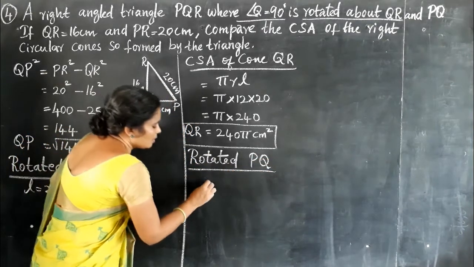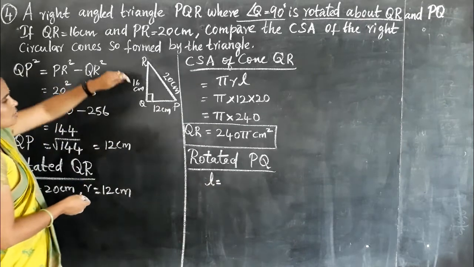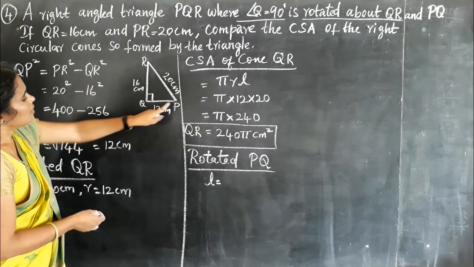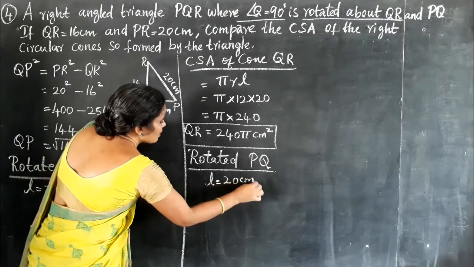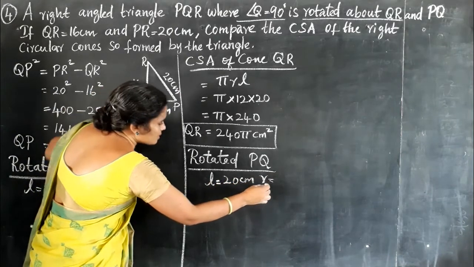And when it is rotated about PQ, now L is equal to 20 and R is equal to 16.